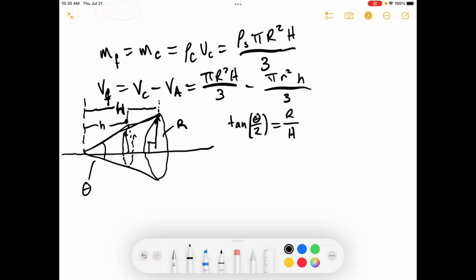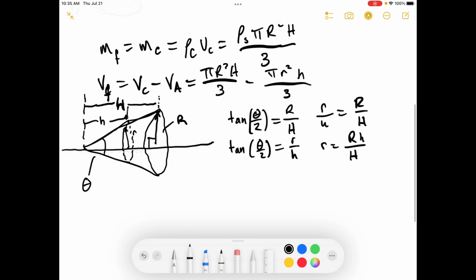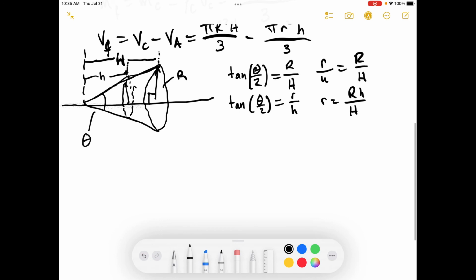And we also have the tangent of theta over 2 is also equal to little r over little h. Okay, so then we have this ratio where little r over little h equals big R over big H. So that means little r is equal to big R over big H times little h. Okay, so now we have an expression for little r that we can use in our volume expression.